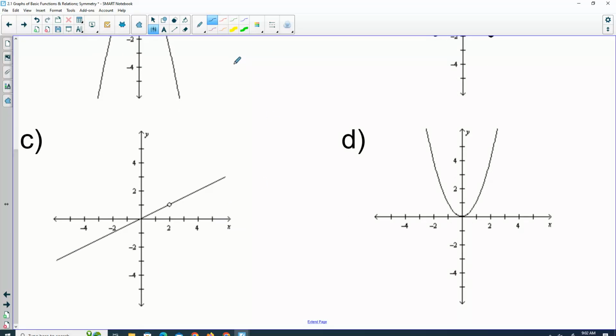C. Is this one continuous everywhere? No, because I have that open circle on my graph. So where would I say this is continuous? Union. And D, where is this one continuous?